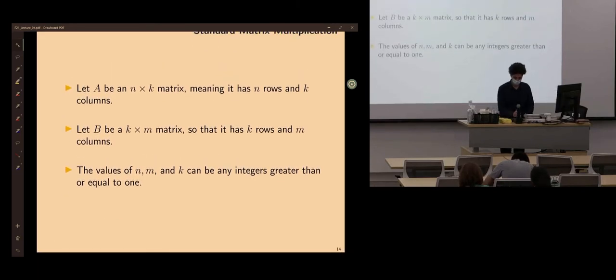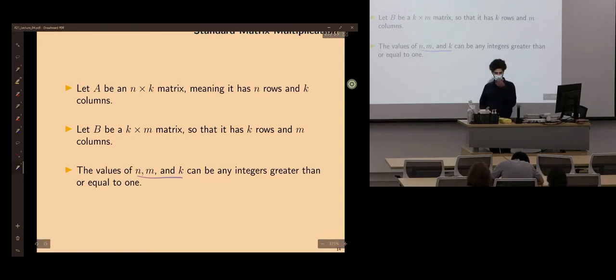And the values of n, m, and k can be any integer greater than or equal to 1. If it's 1, it will turn the matrix into a vector. But in general, they can be bigger than 1.